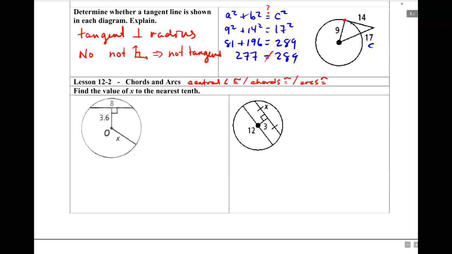And we also had the diameters and perpendicular bisectors of chords.